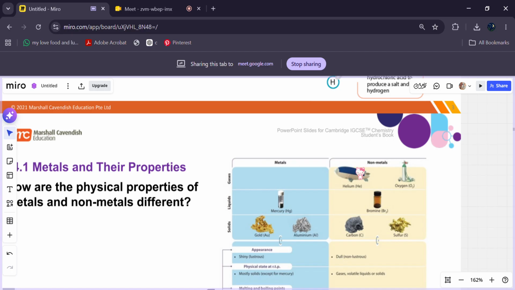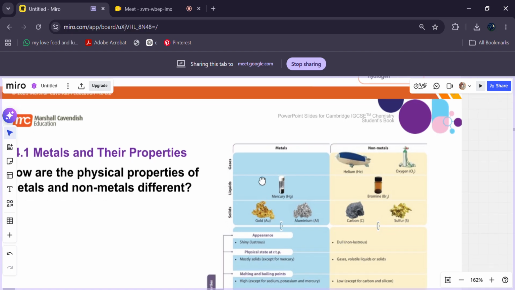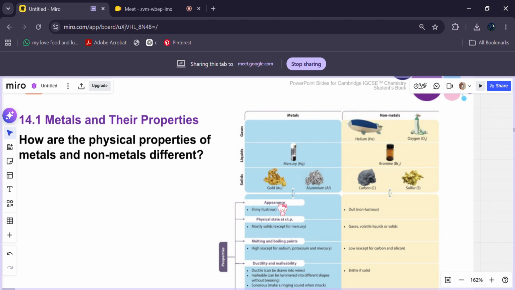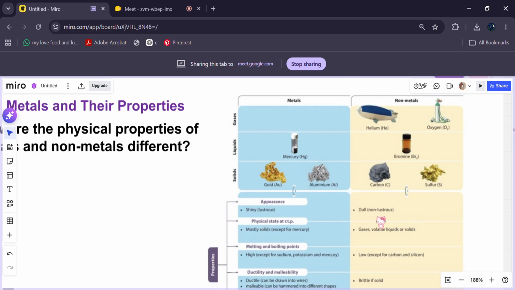Mercury is the only metal that is liquid at room temperature. Among solids, we have many metals such as gold and aluminium. Most of these metals are shiny, or lustrous, which means they shine under light. Non-metals, unlike metals, are dull and can come in all types of forms: gas, volatile liquid, or solid.